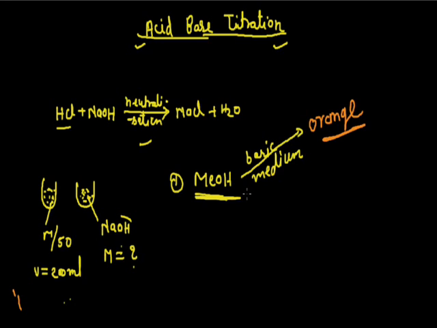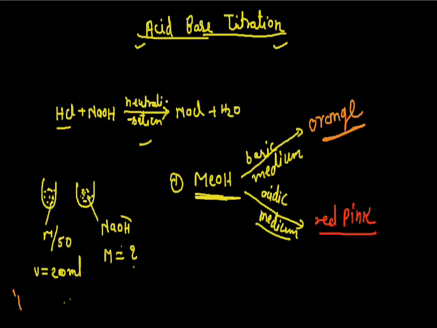And when we use acidic medium, its color becomes red pink. So methyl orange has two colors: orange in basic medium and red pink in acidic medium.